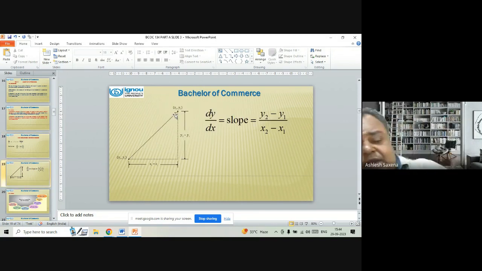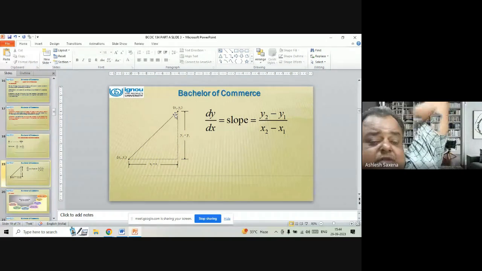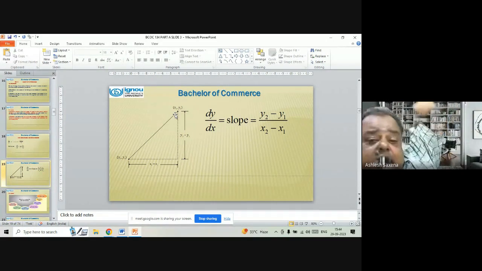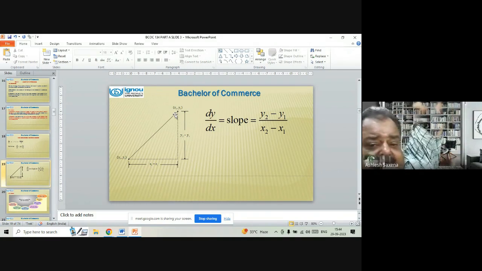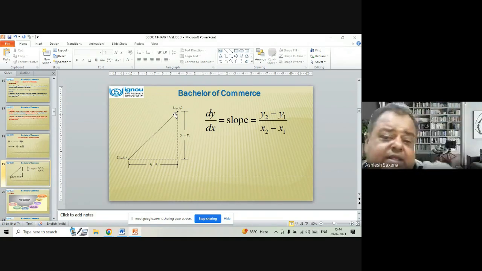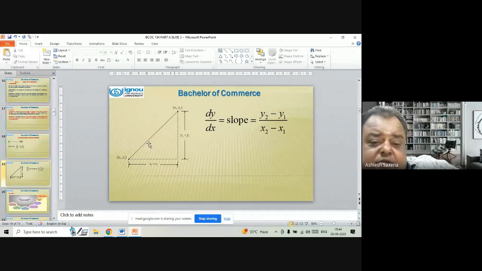What is dy by dx? It is basically a slope. We have a point x1, y1 and the other point x2, y2. Now we have to find this slope. Slope is always calculated from the ground level.